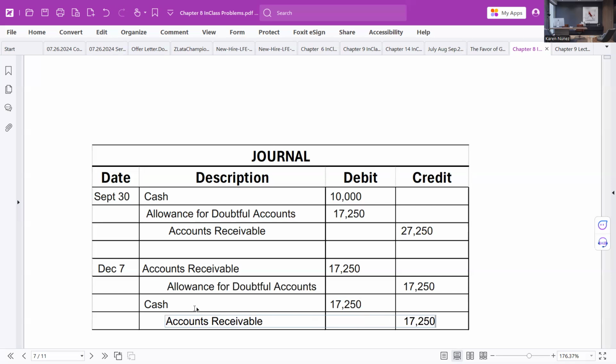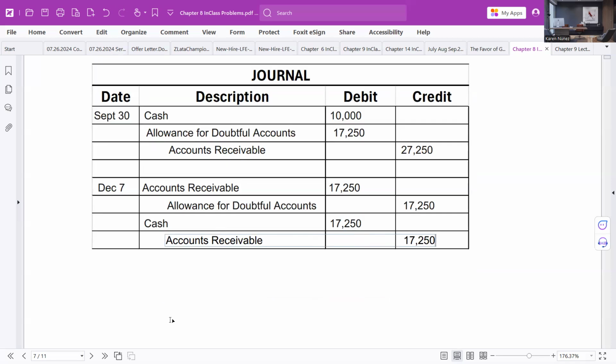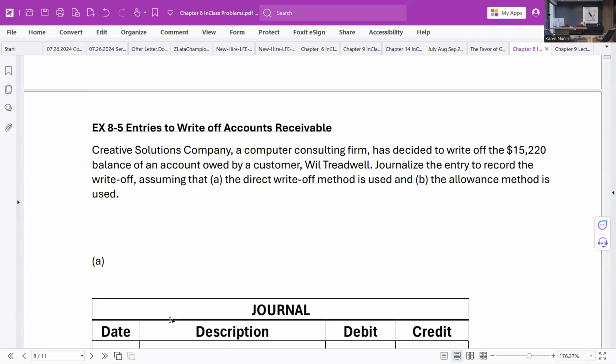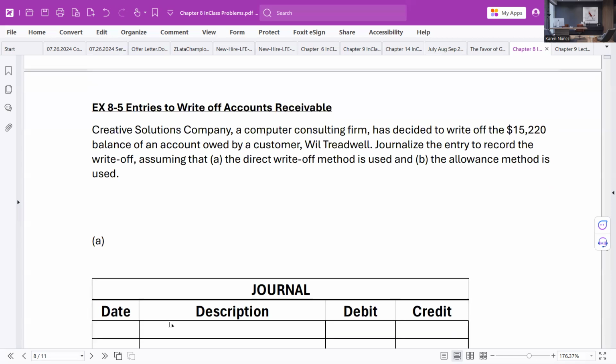We've seen, again, accounting for these uncollectible accounts using the direct write-off method and using the allowance method. Now, let's look at the same transaction two different ways, right? They're going to write off this account. There's no recovery, no reinstatement. We're just going to write it off, using the direct write-off method, and then using the allowance method. So in part A, they've got a receivable for 15,220, direct write-off method.